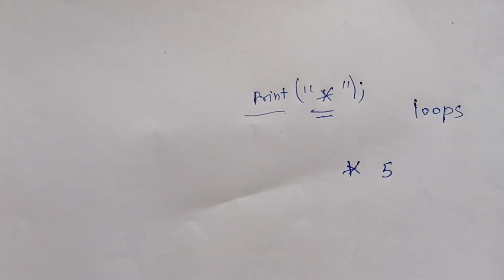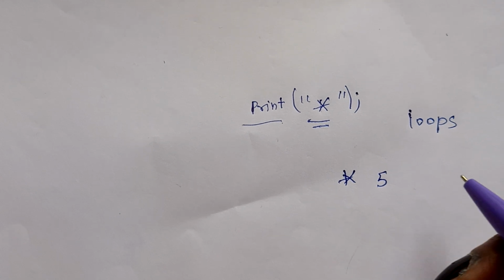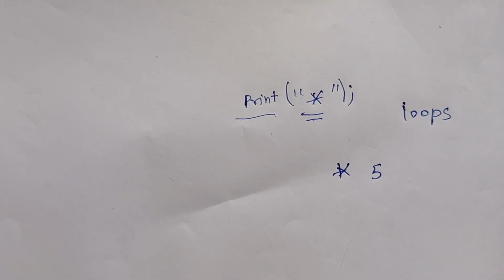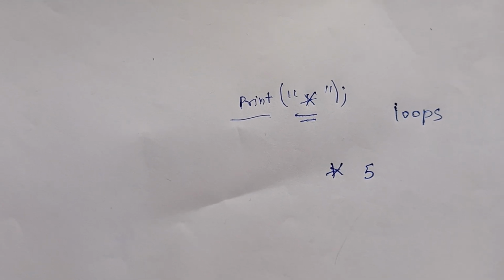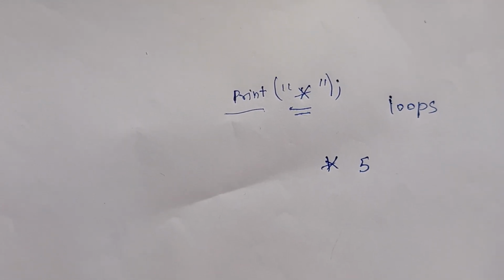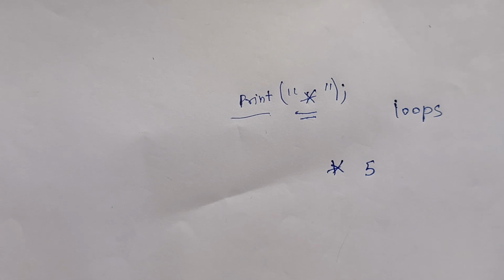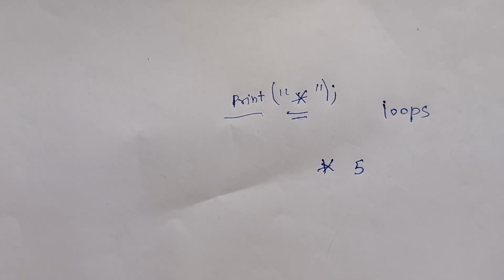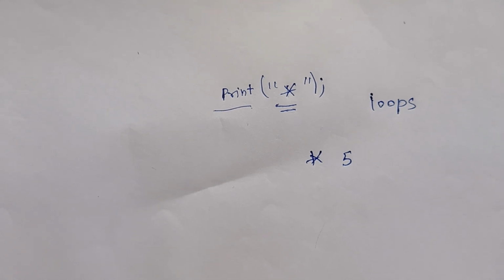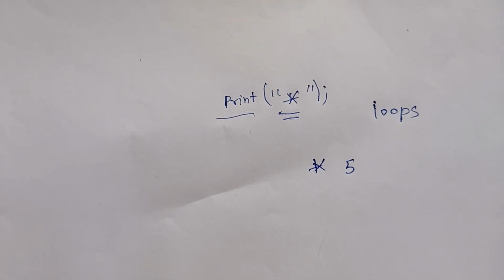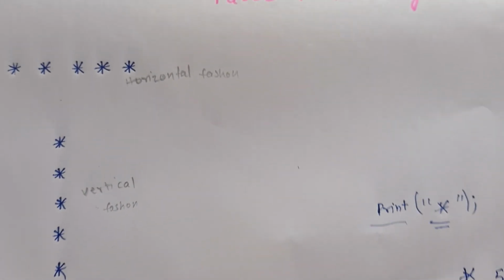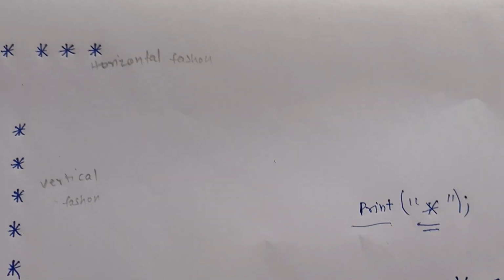To reduce that, we use loops. There are many loops like for loop, while loop, do while loop, nested loops. Nested loops means repeating the loop many times, calling the same loop many times. So first in this video we are going to see how to use a for loop for printing this in horizontal fashion.